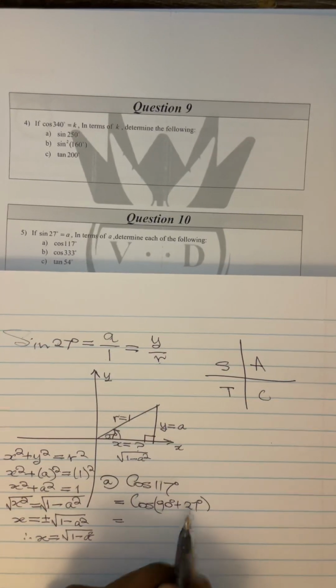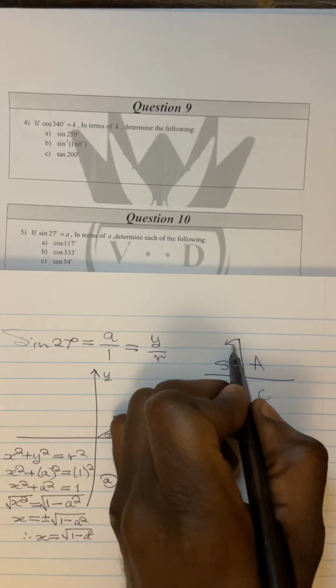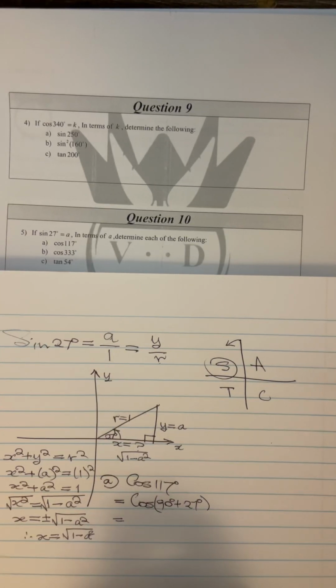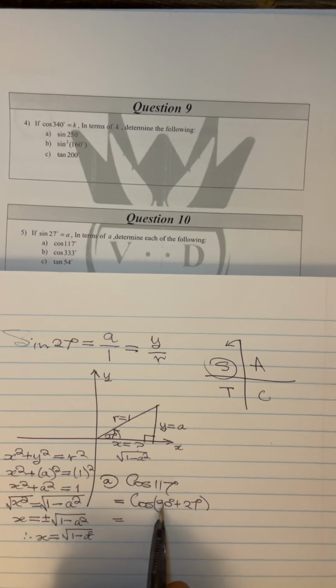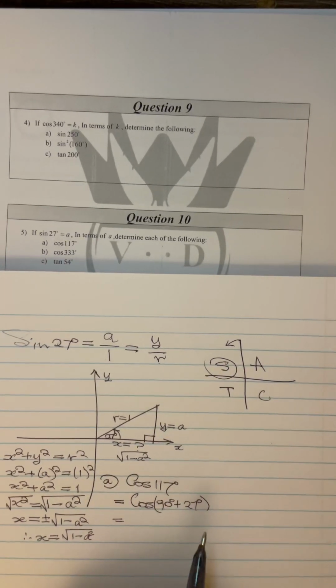So 90 plus is basically the second quadrant. Only sine is positive on your second quadrant. Therefore, we will have cos changing to sine due to the 90 degrees. And check the quadrant in which your angles stipulate.